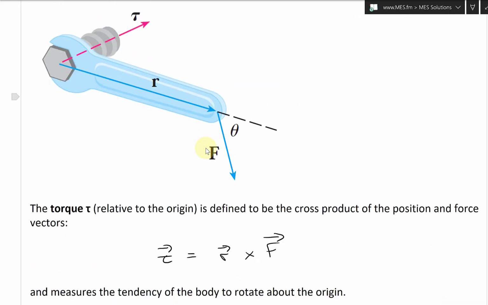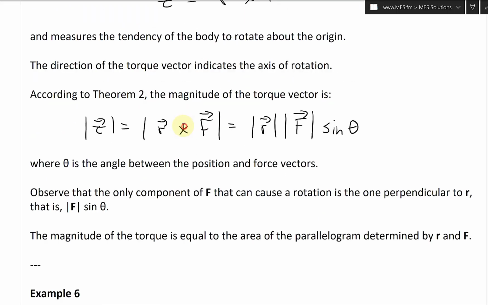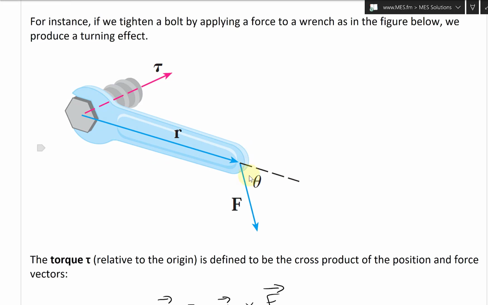So there's that sine theta across here, pointing downwards, where theta is the angle between the position and force vectors, like that.